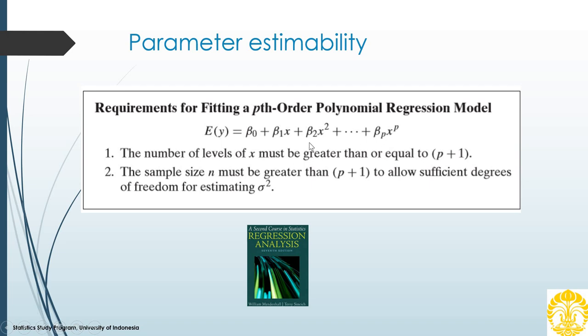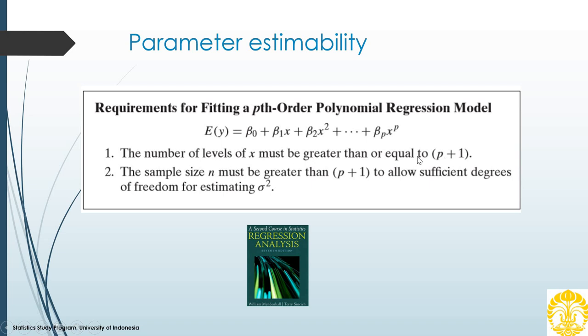You still remember that to fit a straight line, of order 1, you need 2 data points, right? To fit a quadratic curve, of order 2, we need a minimum of 3 data points. So for a polynomial of order p, you have to have a minimum of p plus 1 data points.